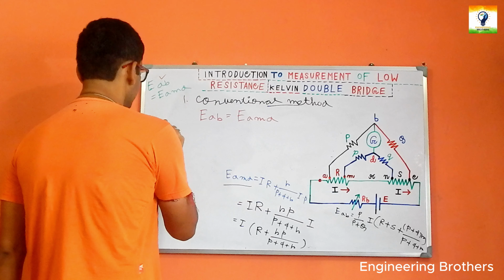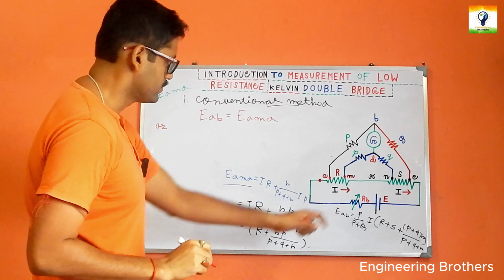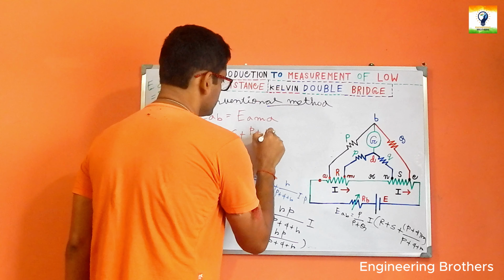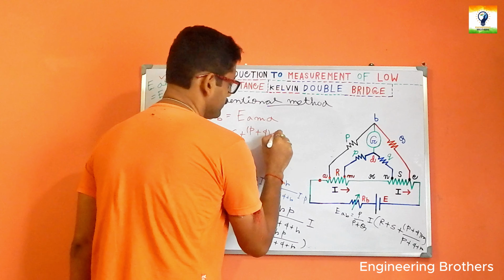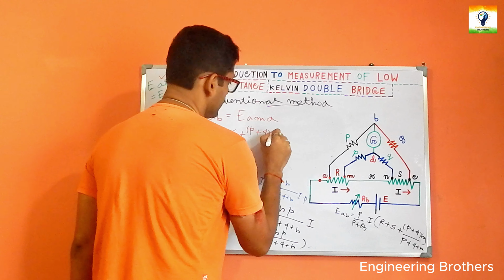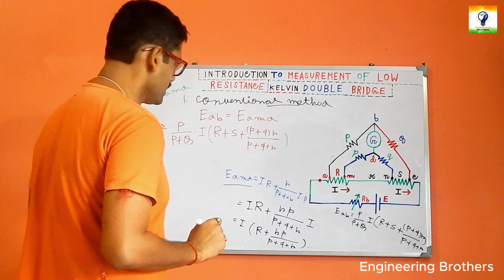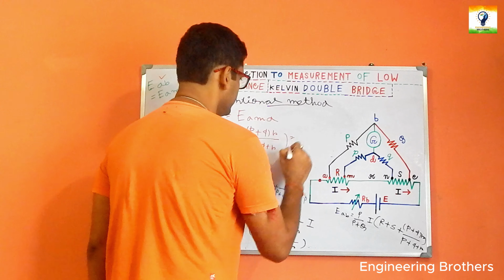So EAB is this one, P divided by P plus Q multiplied by our I. Inside our bracket, I have R plus S plus small p plus small q multiplied by R divided by P plus Q plus R. This is our expression for our EAB, which is equal to our EAMD.